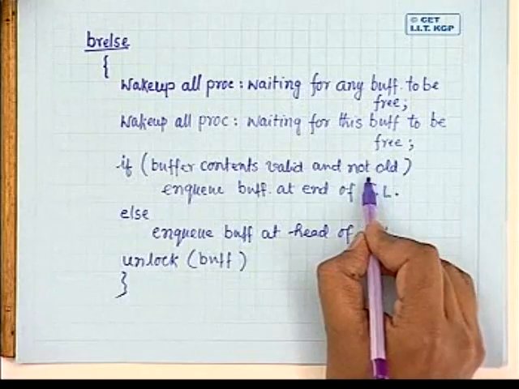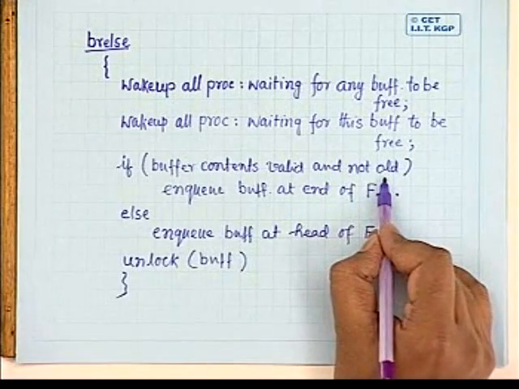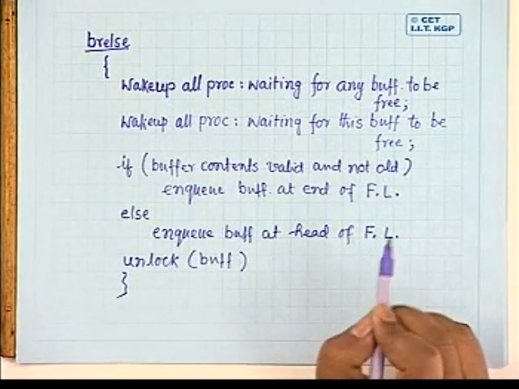Now coming to this condition of buffer data not old, you have seen that when a buffer is marked as delayed write, and it is selected to be overwritten by a new block, we cannot overwrite the content of that buffer because it was marked delayed write. The moment the kernel finds that the buffer is marked delayed write, it simply initiates writing the content of the buffer onto the disk.